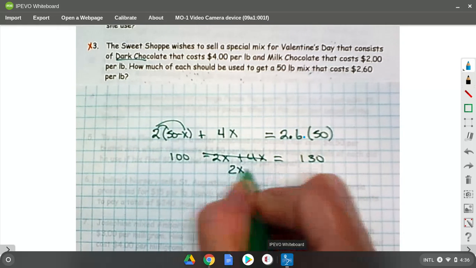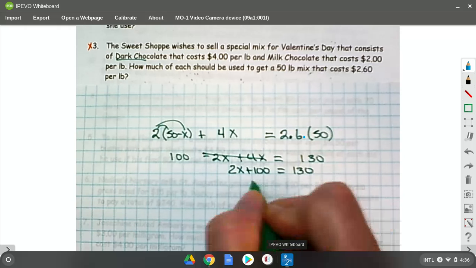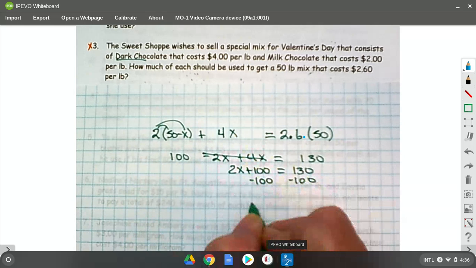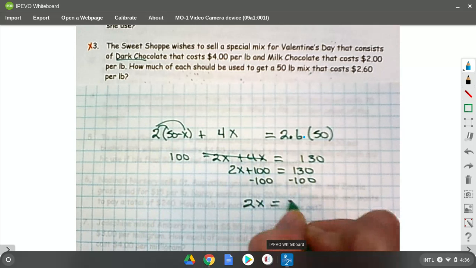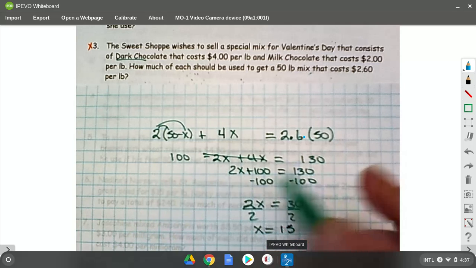So when I gather my like terms, I've got 2x plus 100 equals 130, and I'm down to a two-step. And I end up with 2x is equal to 30. Dividing by that 2, x equals 15.